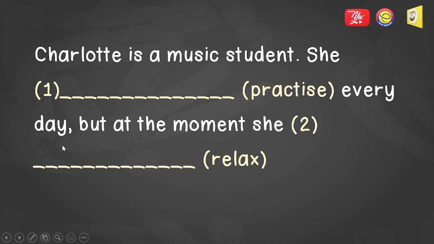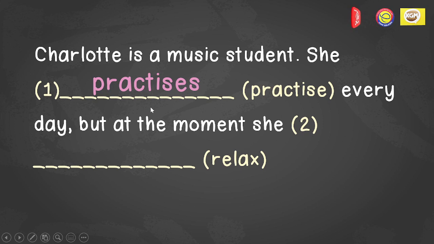So it shows her routine, Charlotte's routine, because she does this every day. So number 1 should be practices. You use present simple or simple present, but you add s at the end because the subject here is singular.